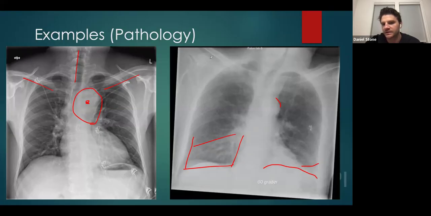This circumstance is an AP radiograph, but you can also tell that there's a bilateral infiltrate, basically noting that the infiltrate on the right side is present, but also on the left.